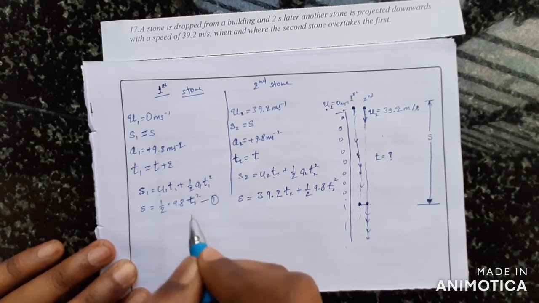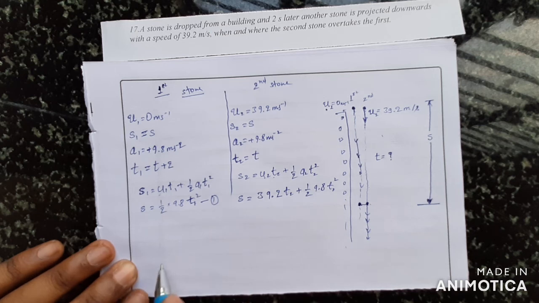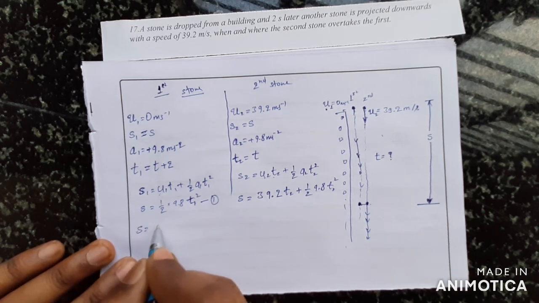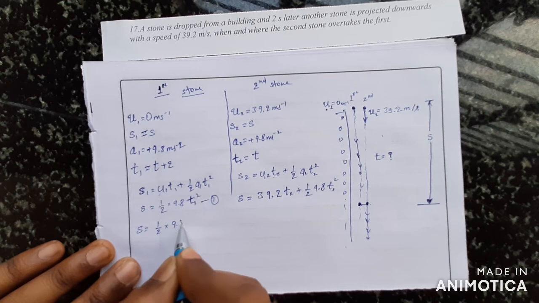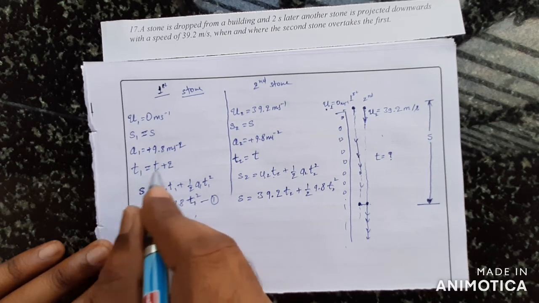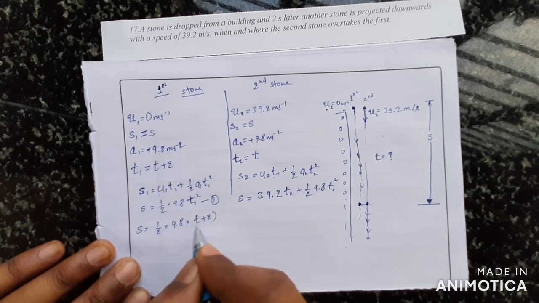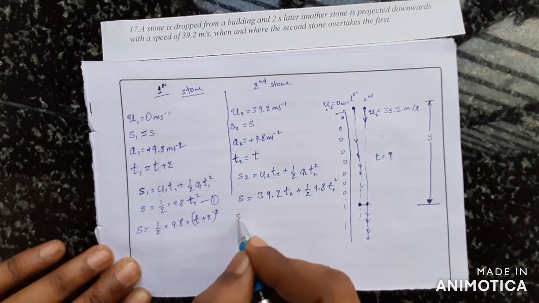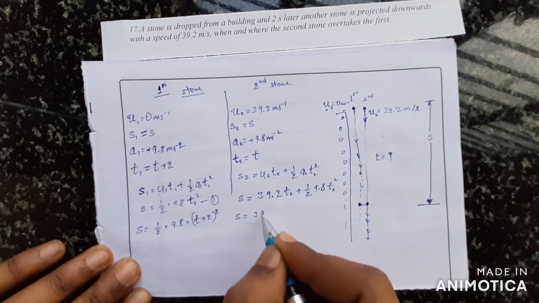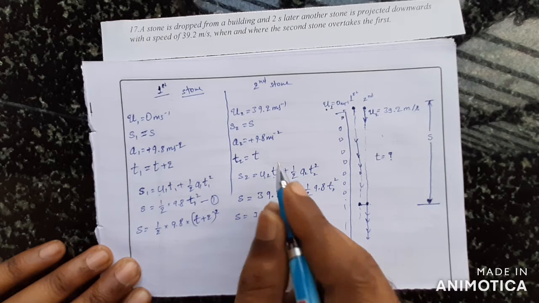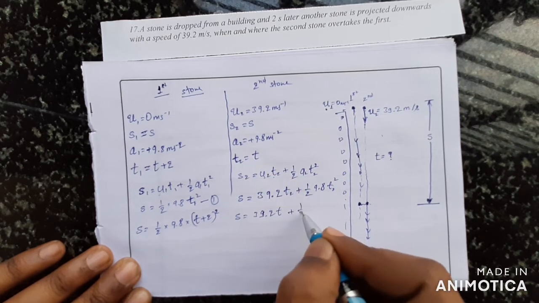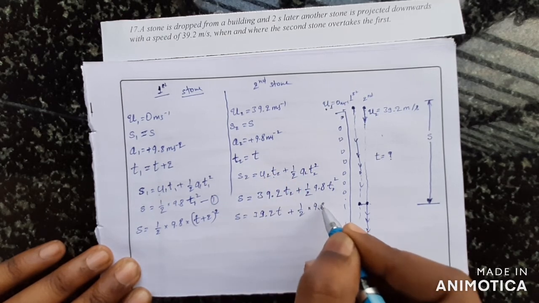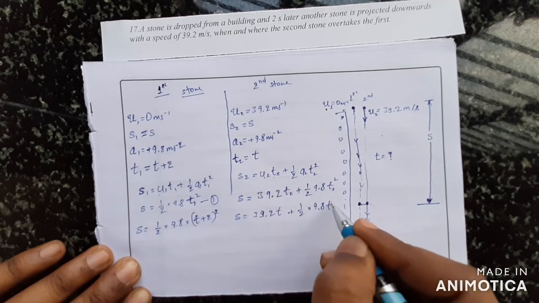Let me put t1 and t2 into their places. So s becomes equal to half into 9.8 into t1 is t plus 2 whole square. Here s becomes equal to 39.2, t2 is simply t plus half into 9.8, t2 is t, again t squared.